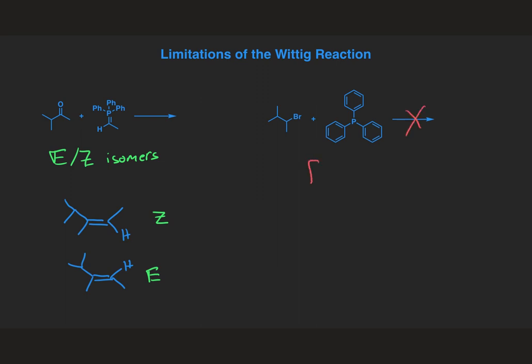And so that means forming tetrasubstituted alkenes from a Wittig can be difficult.